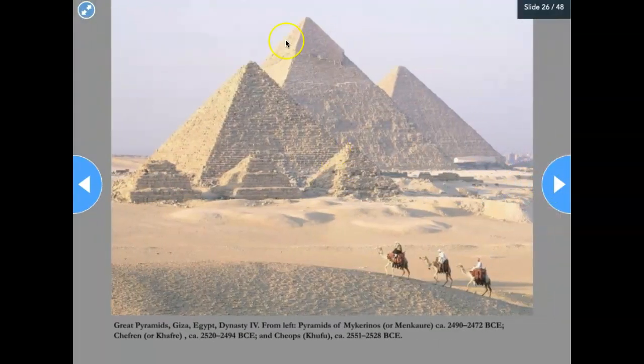And here you can see kind of the three pyramids, the Great Pyramids of Menkaure, Khafre, and Khufu, with Khufu being the one in the middle. And it was really quite a sight. And if you look over here on the right, you can see that that's Cairo. You can actually still see these buildings from downtown Cairo. Sometimes if you're in a hotel, you can see them.